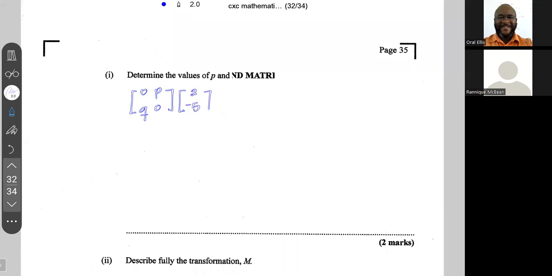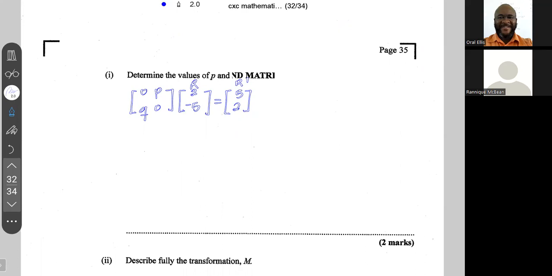You multiply it by R, and it becomes R prime, which is 5, 2. So this is R, and this is R prime. When you apply the matrix representing a transformation to a point, you multiply.